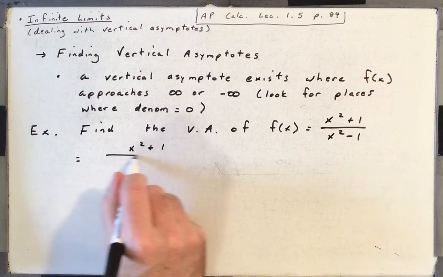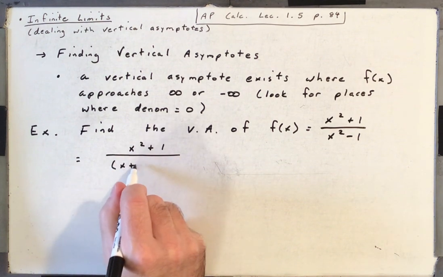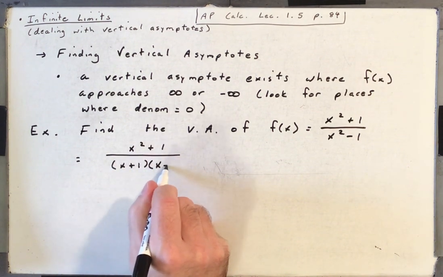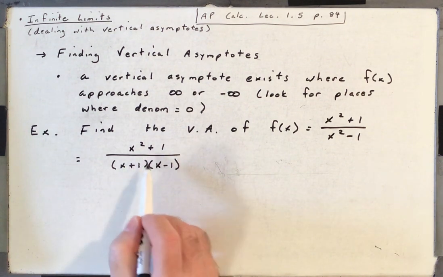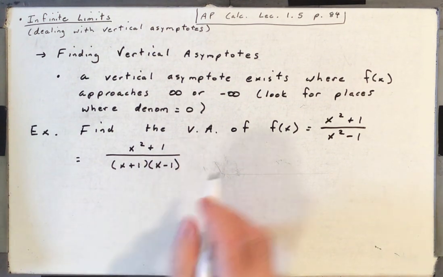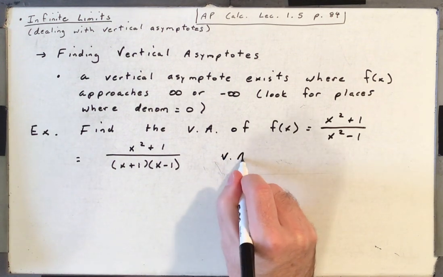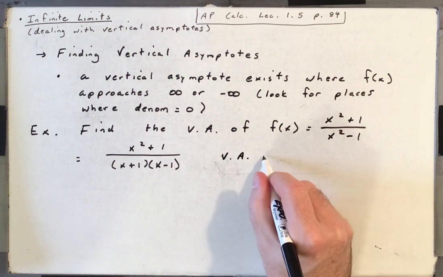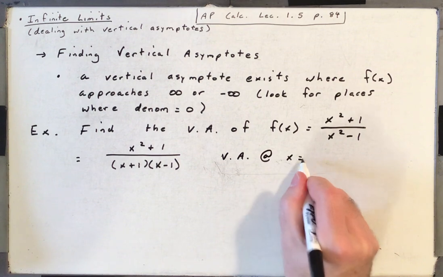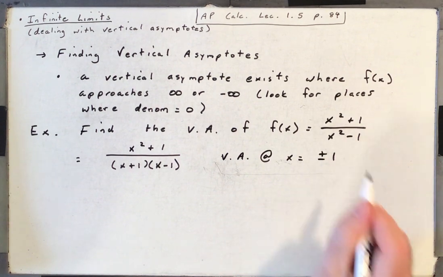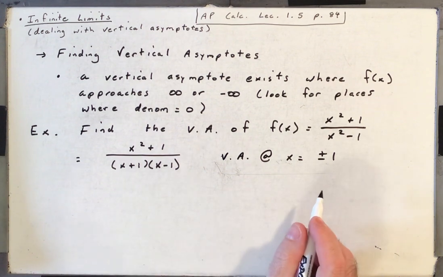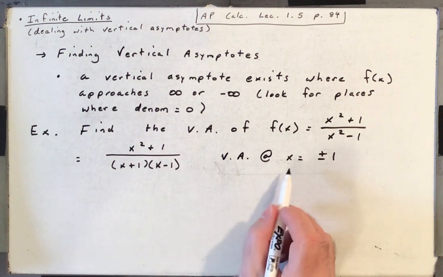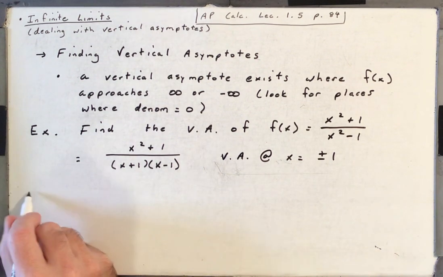That factors into (x plus 1) times (x minus 1). Can't factor the numerator, can't cancel anything out. So what numbers would make the denominator 0? Well, that's at x equals plus or minus 1. Both of those would be asymptotes. So two vertical asymptotes on this graph.